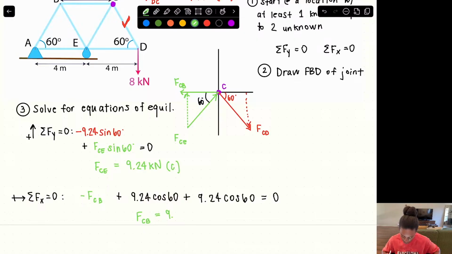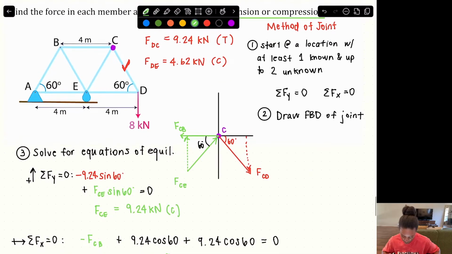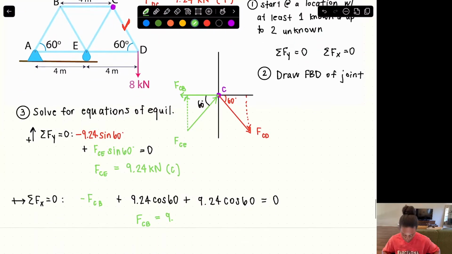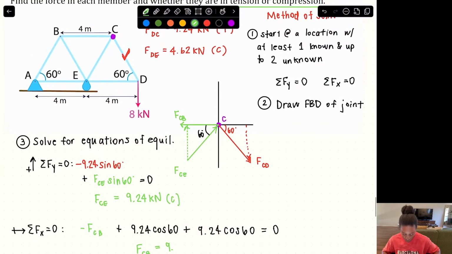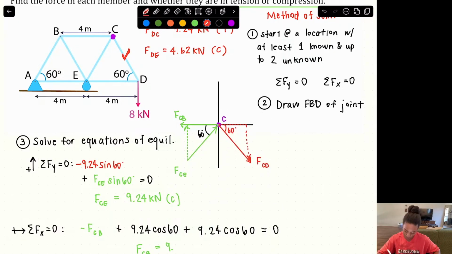FCD, John is asking if that would be positive or negative. So I assume positive since if I draw it like this, let me make it dashed, it's going to the right.